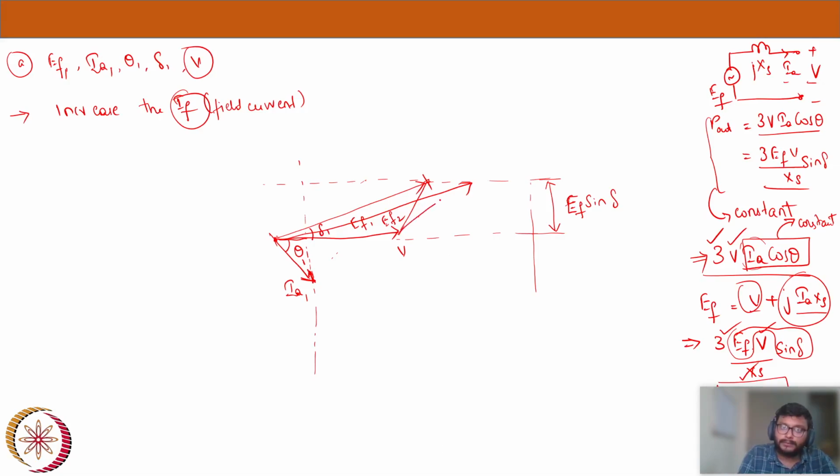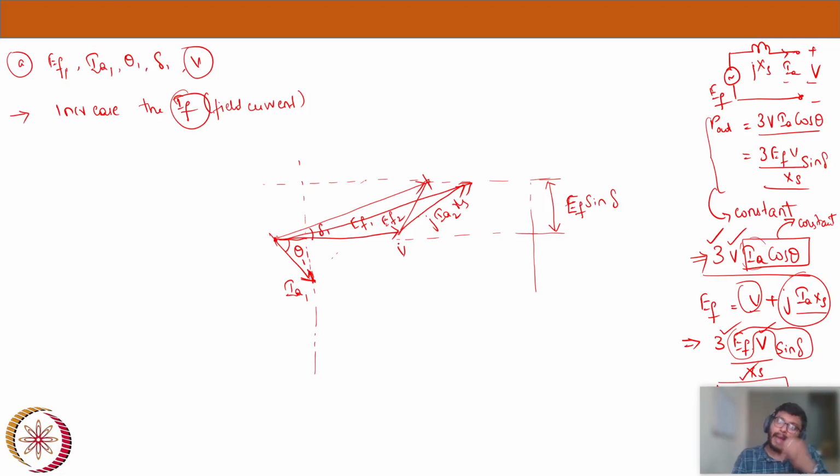This has to be jIA2XS, because I know this is EF2 and this is V. The connection between V and EF is nothing but the vector sum V plus jIAXS. So the phasor joining V and EF should be jIA2XS. Okay, now I have located the position of the IAXS drop.